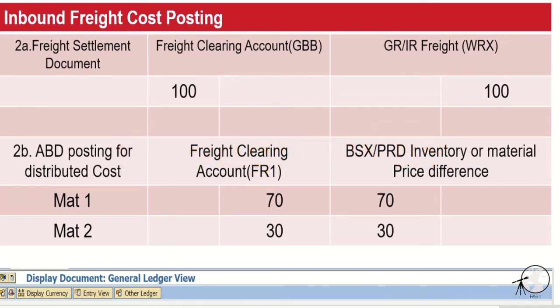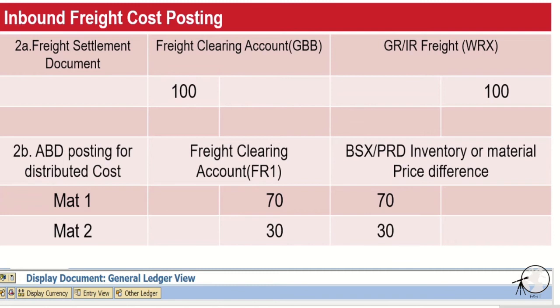The second process is the agency business document posting for the distributed cost, where the total cost of freight is distributed between the materials which were there in the consignment or in the purchase order or in the truck. That distribution happens based on the quantity or volume.